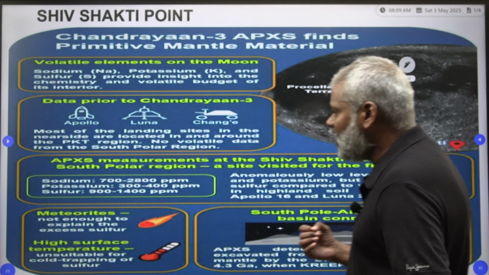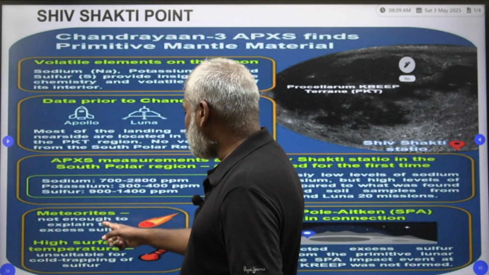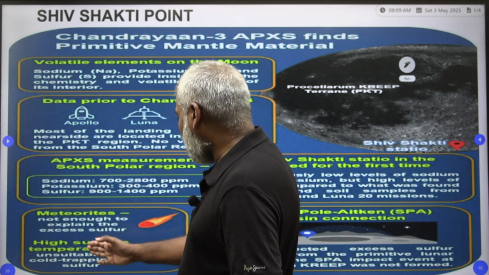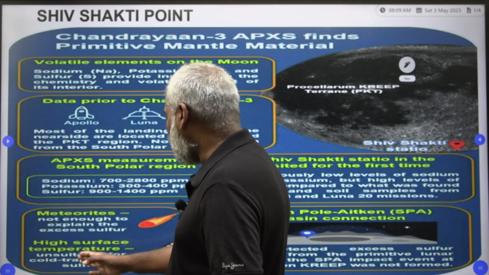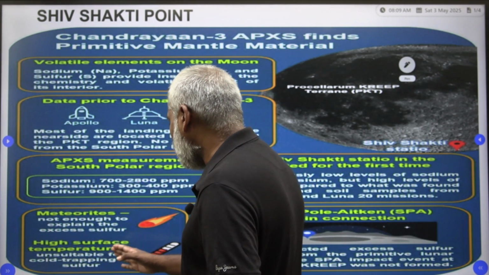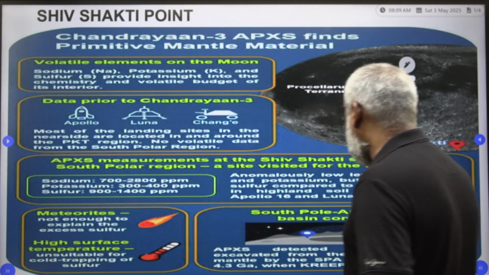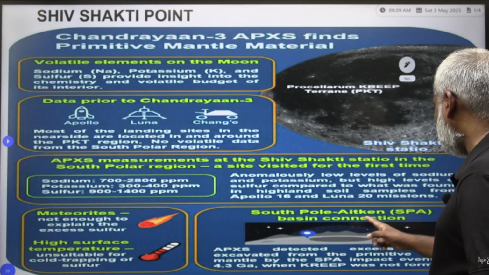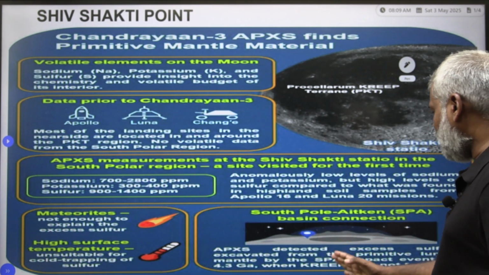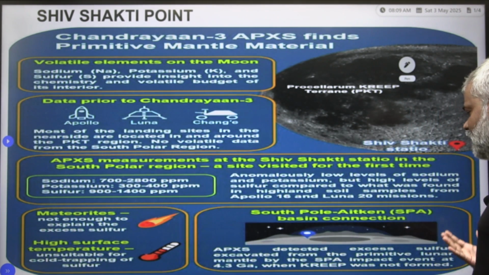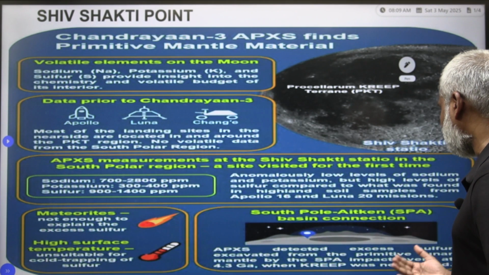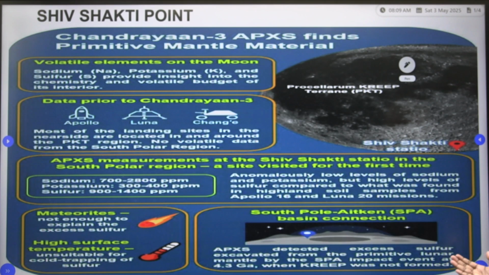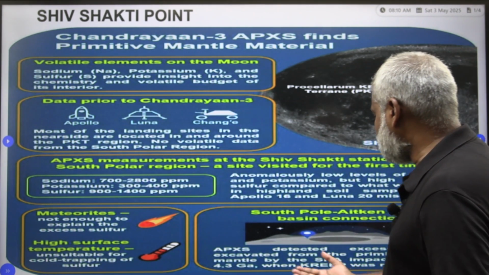Meteorites are not enough to explain the excess sulfur, and the high surface temperature is unsuitable for cold trapping of the sulfur. Take the South Pole-Aitken (SPA) basin connection: APXS detected excess sulfur excavated from the primitive lunar mantle by the SPA impact event at 4.3 Ga.